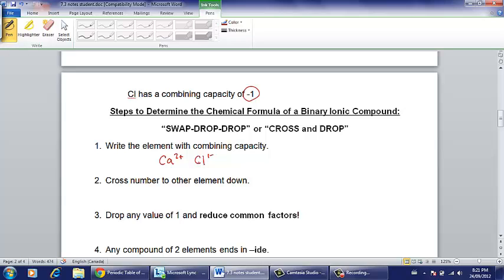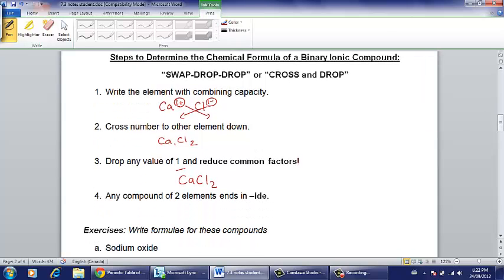Then we want to swap the charges and drop them down to the other atom. So it will become calcium with a subscript of 1 and chlorine with a subscript of 2. If there's any value of 1, you drop it, and if there's any common factors, they become reduced. So this just becomes CaCl2.